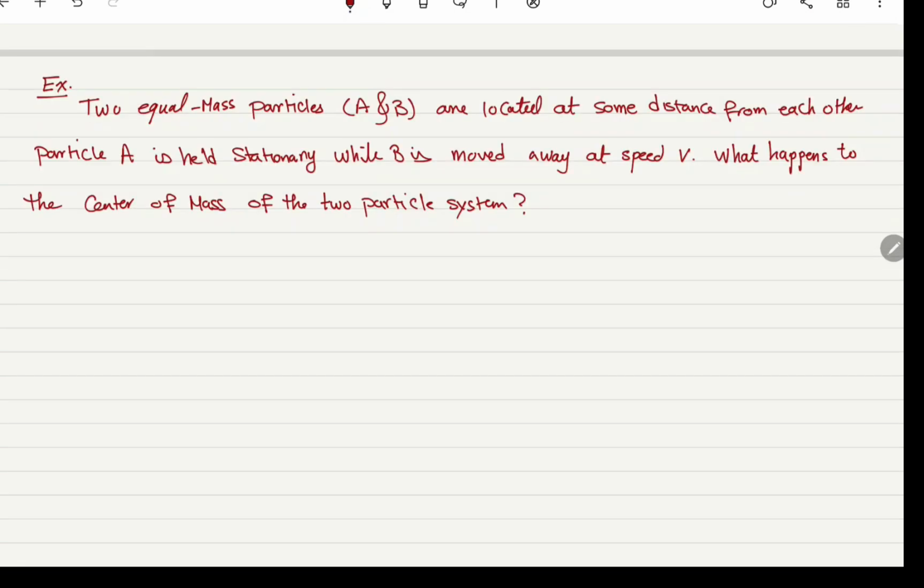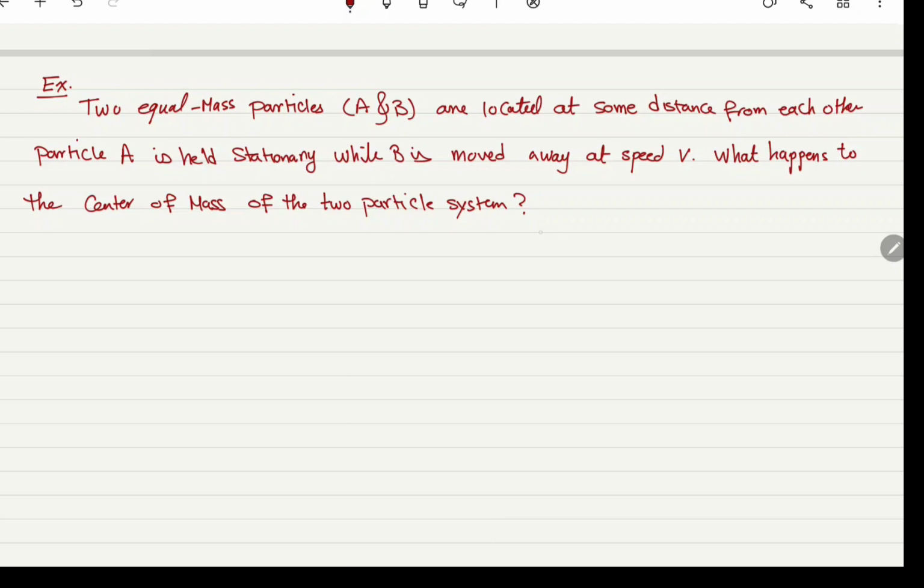Example: two equal mass particles A and B are located at some distance from each other. Now particle A is held stationary while particle B is moved away at speed v. What happens to the center of mass of the two-particle system?